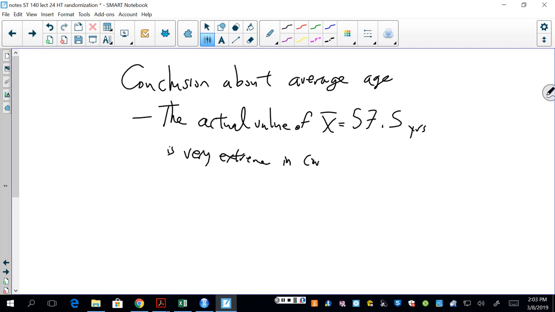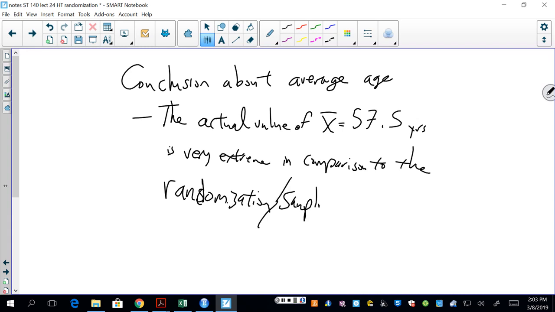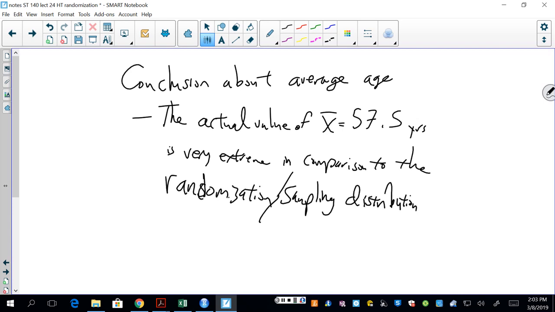in comparison to the randomization distribution, or you just call it the sampling distribution, of X bar if the mean were really 50 years.